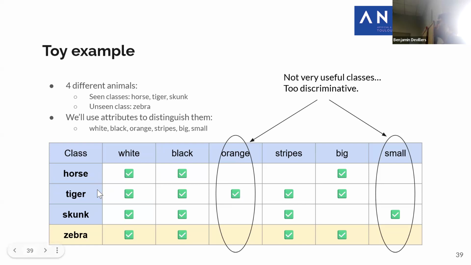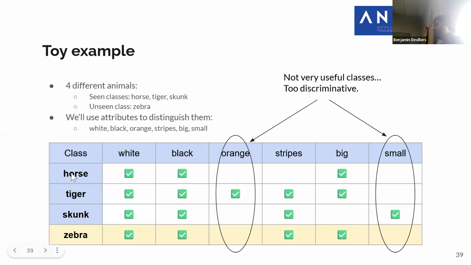Because to learn to decipher attributes, I need to see different examples of the same thing that have the same properties, or that don't have the properties, to infer what orange is. I mean, you know what orange is, but the model doesn't. Imagine you don't know what it is.